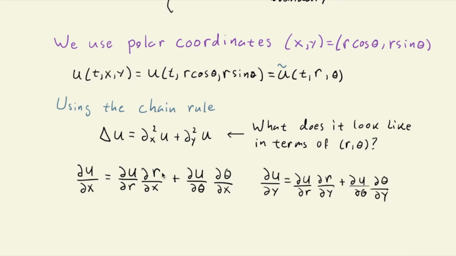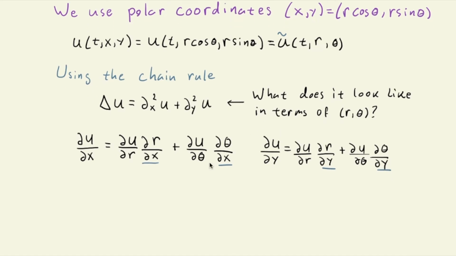And so as long as you can write r in terms of x and y, you can compute these numbers. And you can, right? r is actually equal to the square root of x squared plus y squared. Theta is more complicated. You can write theta, for example, as tangent inverse of y over x.